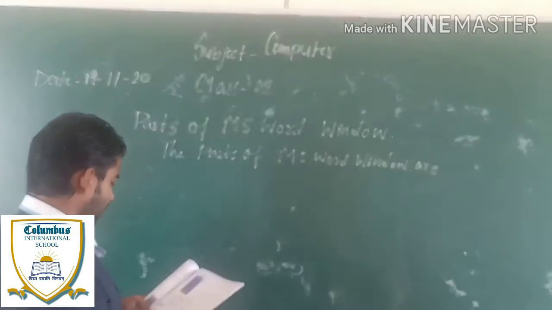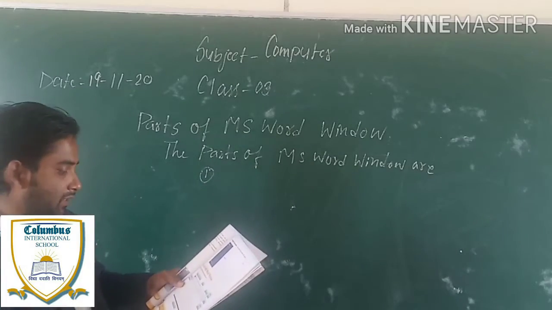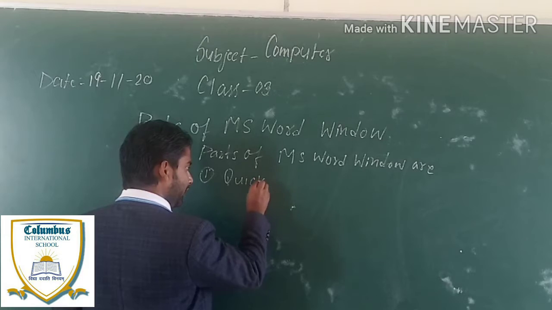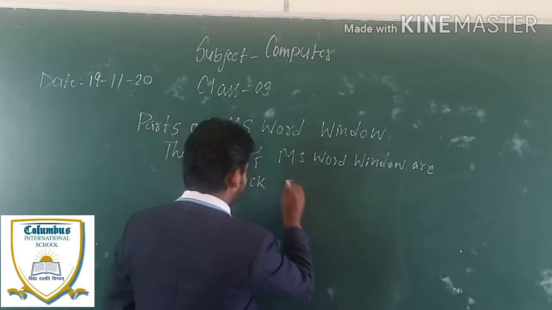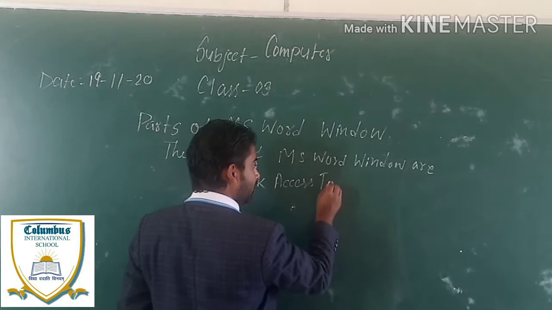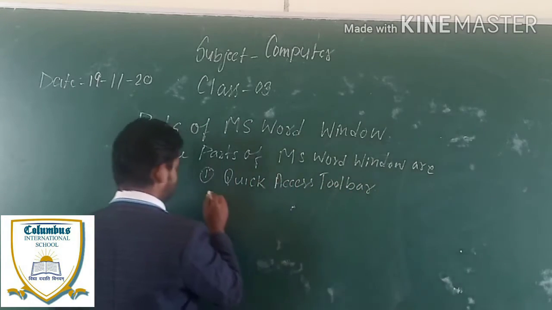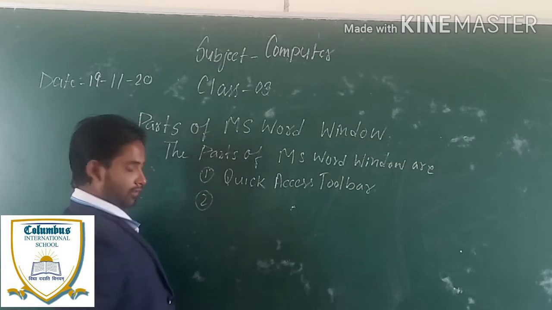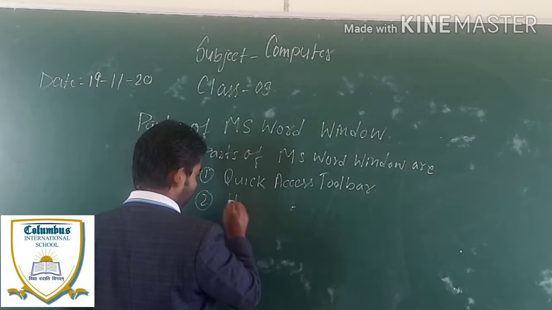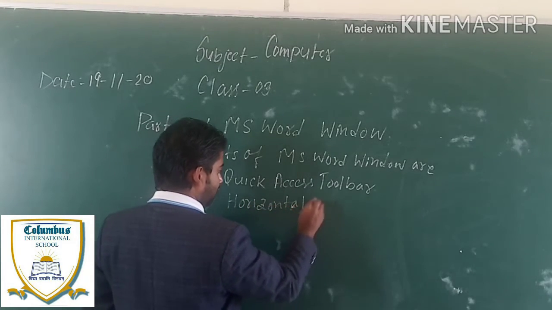See, beta. Number one, quick access toolbar. Second, horizontal ruler.